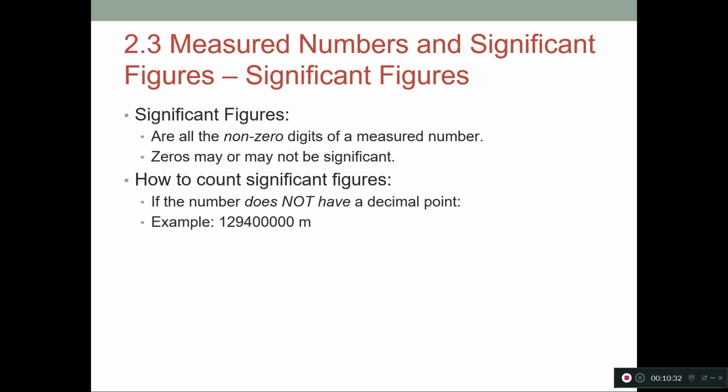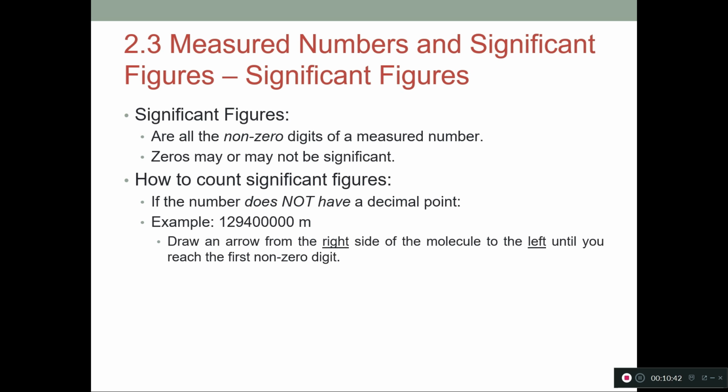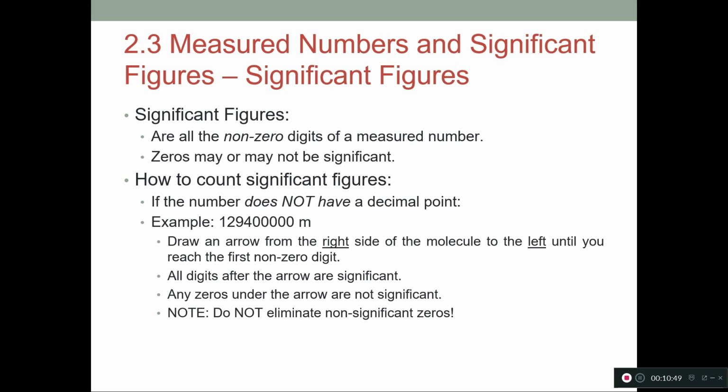Now, if we want to count significant figures when we have zeros after the non-zero numbers and we don't have an explicit decimal point, then again we want to draw the arrow, now coming from the right going to the left. All the digits after the arrow are significant, all the ones under it are not significant, and again we do not want to eliminate the non-significant zeros.